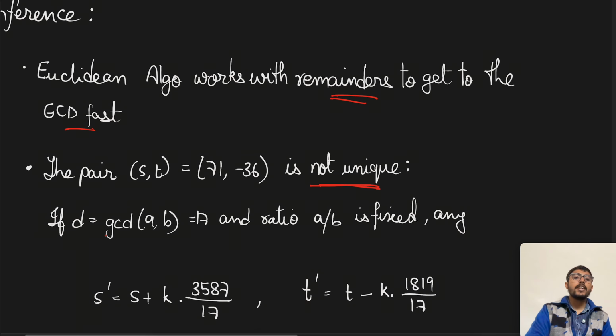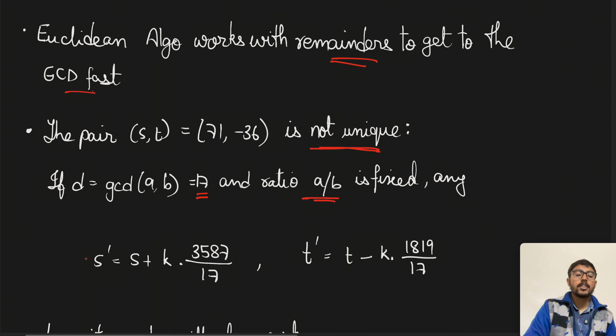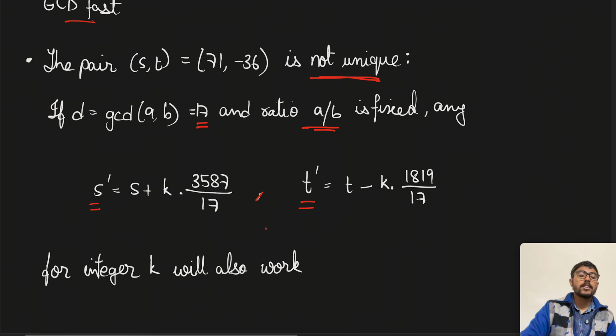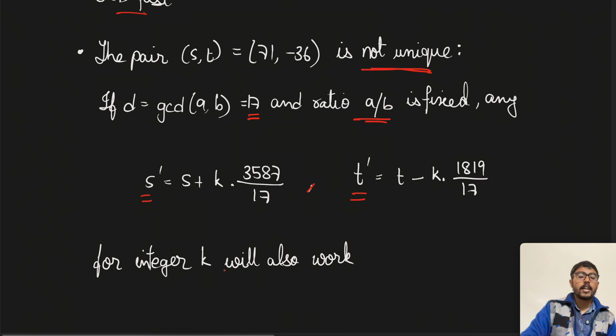We see that if D equals GCD of A comma B and that is equal to 17 and the ratio A is to B is fixed, right, then any number such that S dash equals S plus K times 3587 upon 17, T dash equals T minus K times 1819 over 17 will yield a similar result, meaning that these S dash and T dash can as well be plugged into the same equation. So for any integer K, S dash and T dash will also work, right.